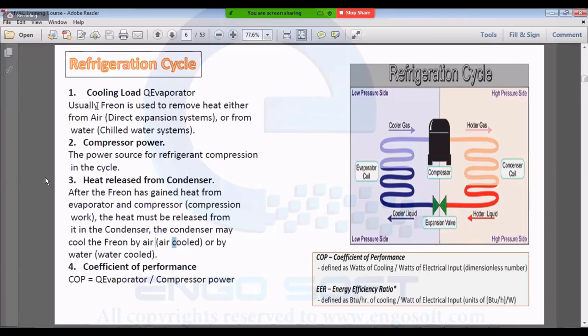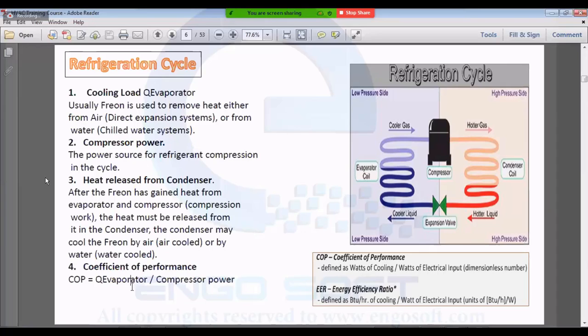This is the cooling load. This is what I am buying when I buy the chiller, the split unit, the DX unit. So what I'm buying, the main purpose of this, is the Q evaporator, the heat rejected from the space.